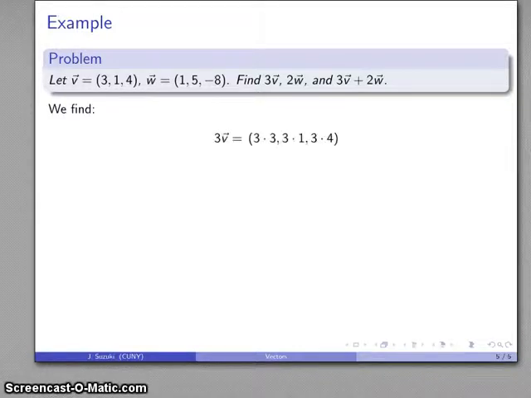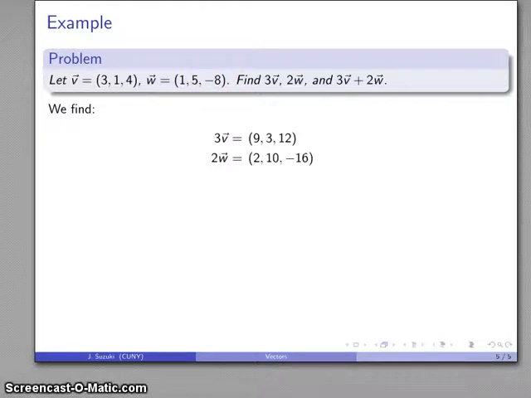So let's see, 3 times the vector v. What I'm going to do is take each of the components of the vector v and multiply them by 3. So my new vector is 3 times 3, 3 times 1, 3 times 4, and I can multiply those out. That's 9, 3, 12. Likewise, 2w, I'm going to take each of the components of the vector w and multiply them by 2.